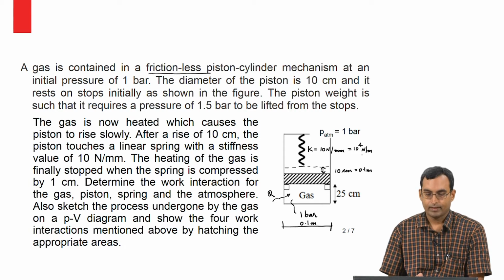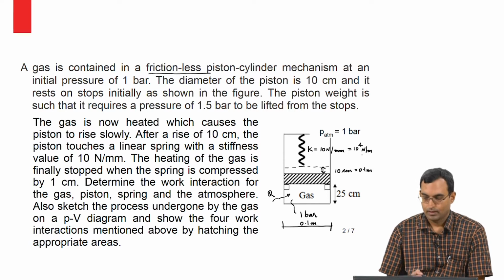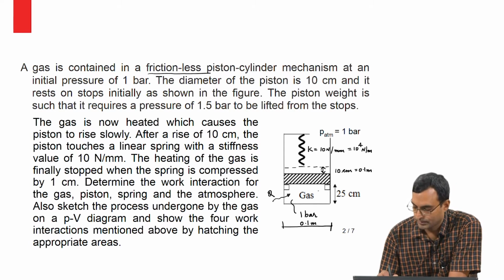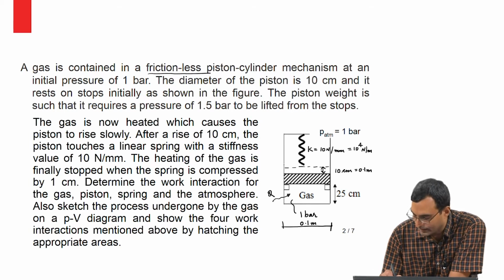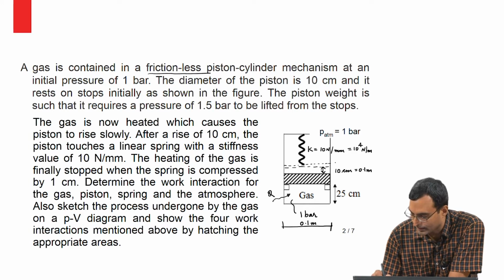The heating of the gas is stopped when the spring is compressed by 1 centimeter. So, initially the piston is 10 centimeters away, and after it touches the spring, the process is done till the spring is compressed by 1 centimeter or 0.01 meter.